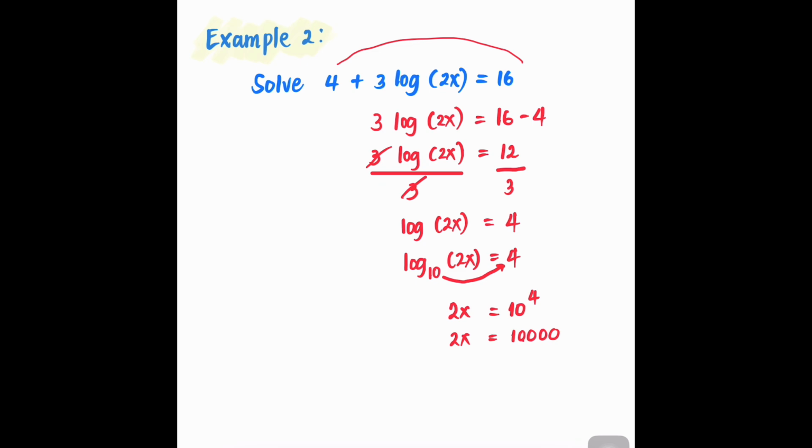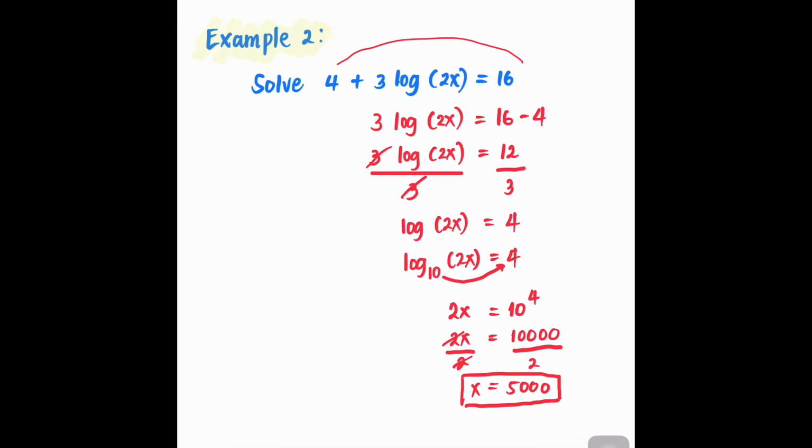And from here, we can apply the division property of equality by dividing both sides by 2. Cancel, cancel. And you have 10,000 divided by 2 is 5,000. So the value of x that we're looking for is 5,000.